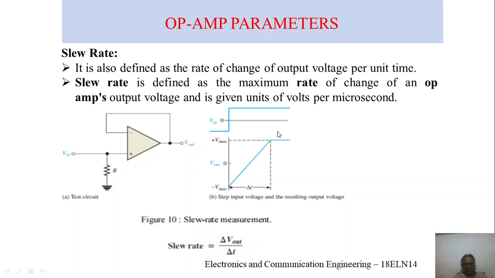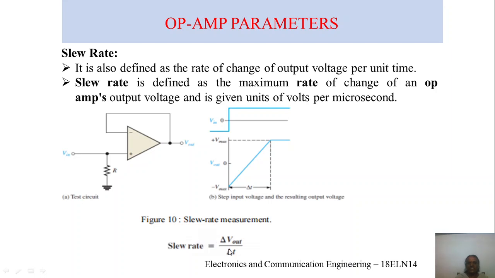So here, if this is the connection and this is the input, at the output you just see the output shooting up and becoming constant. So the slew rate is del V out divided by del T, or dV naught by dt, the differential output voltage with respect to time, expressed in volts per microsecond.